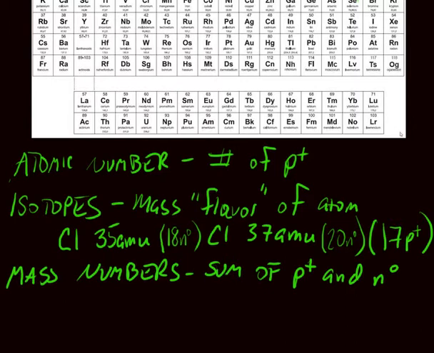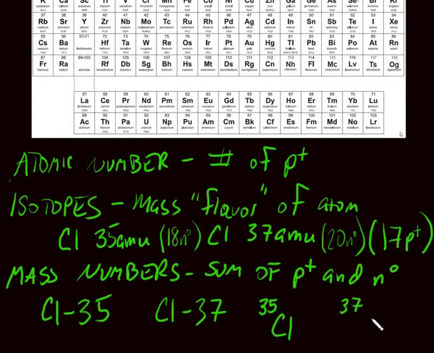And there are 2 ways to show this. Chlorine-35, chlorine-37, or by putting it as a superscript before the elemental symbol. This area here, superscript before the elemental symbol, is where we put our mass numbers.